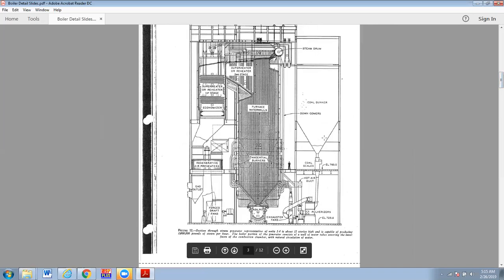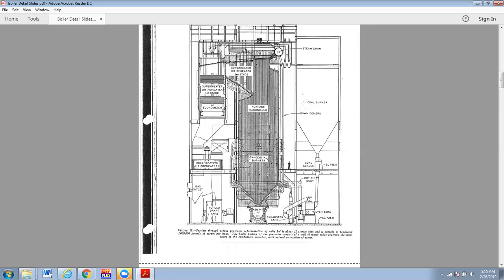So we've got coal on this side, pulverizers. Here's our FD fan. So it's blowing here through the air heater, and then we come into the boiler. Let's see, I don't see a primary air fan, hot air duct. So yeah, we're ducting over here to the pulverizers.